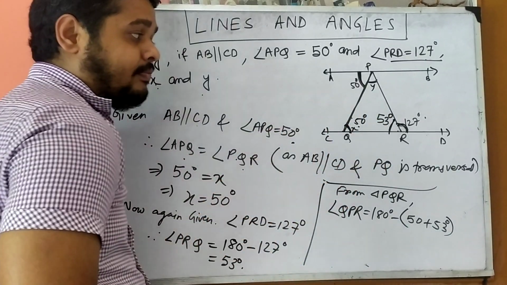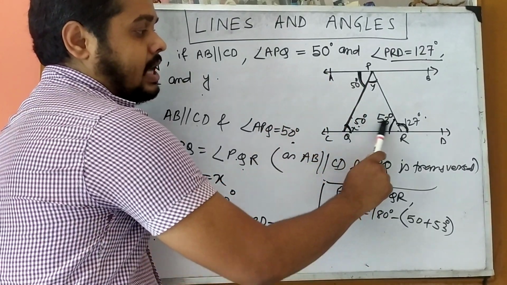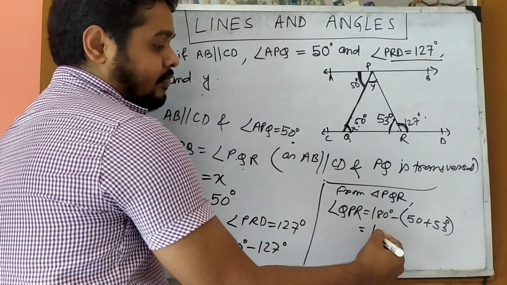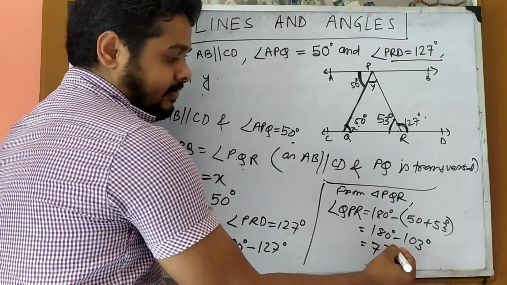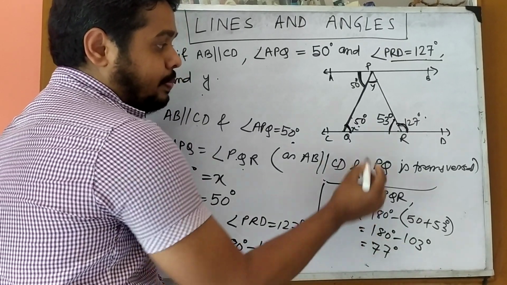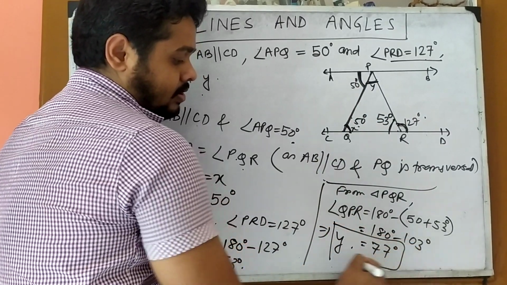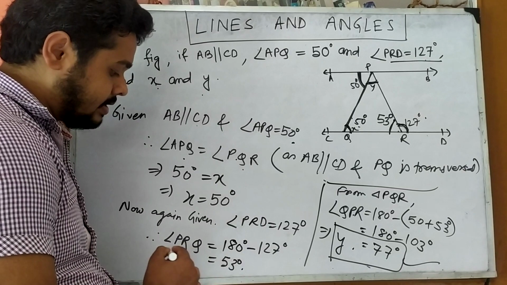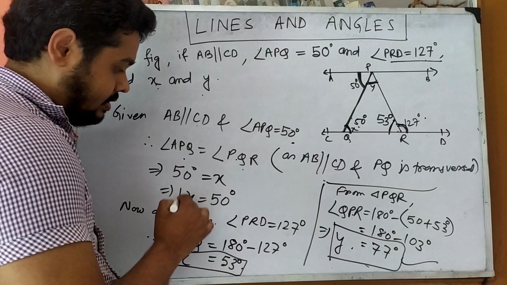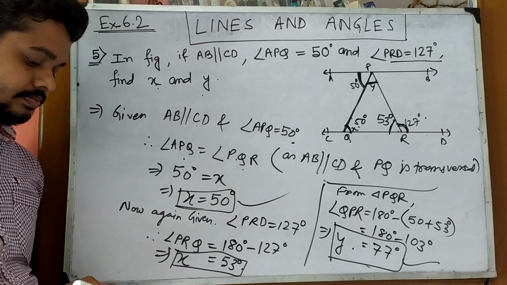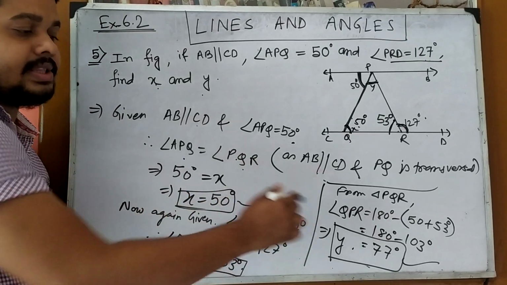If two angles are 50 degrees and 53 degrees respectively, then the third angle will be 180 minus the sum of these. Therefore 180 minus 103 degrees, that is 77 degrees. And what is our QPR? QPR means our Y. Therefore the value of Y is 77 degrees. This is the second answer, and PQR is our X, that is our first answer. This is x and this is y.